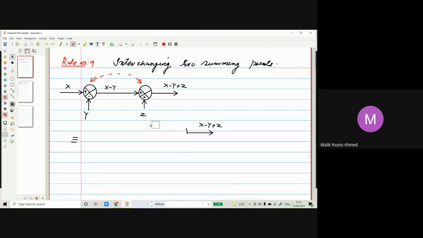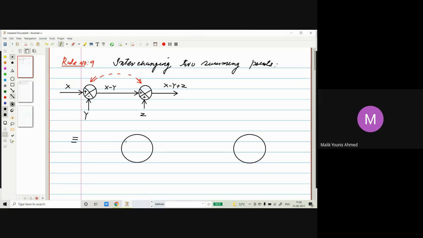Should have been drawn big enough. Okay, anyway. Let me draw this. First I have to bring this summing point, so let us say this summing point is here. And this is the second summing point.